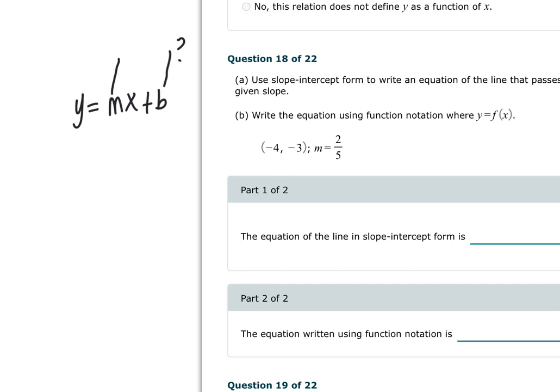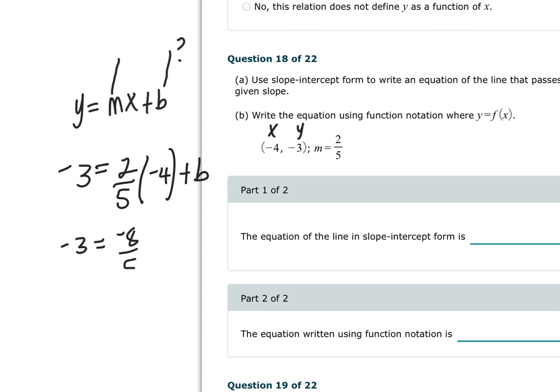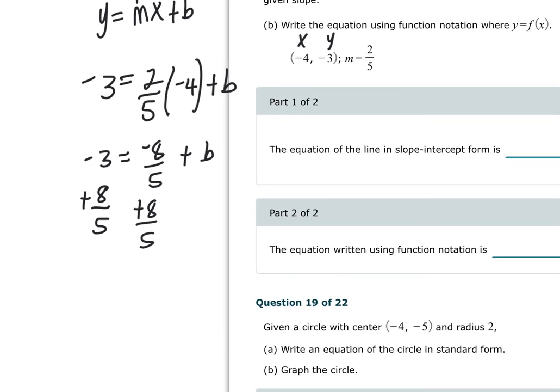So the way we do this, if we use our point of -4, -3, we could say that -3 equals 2/5 times -4 plus b. And so now I'm able to solve for b. That would be -8/5 plus b. And if I added 8/5 to both sides, that would give me -7/5 equals b.